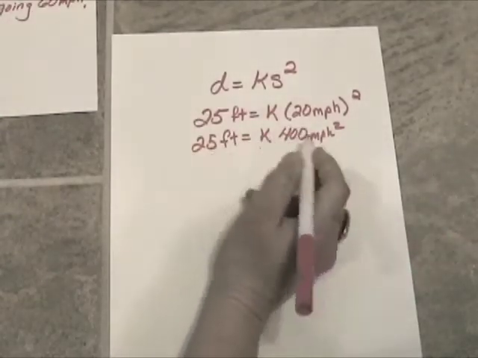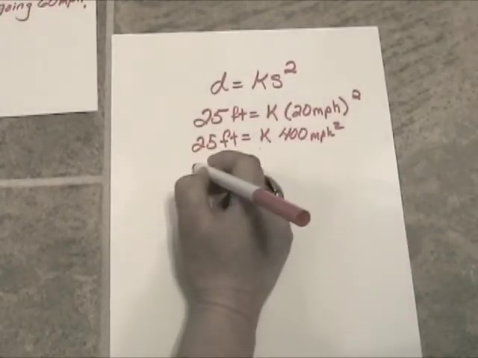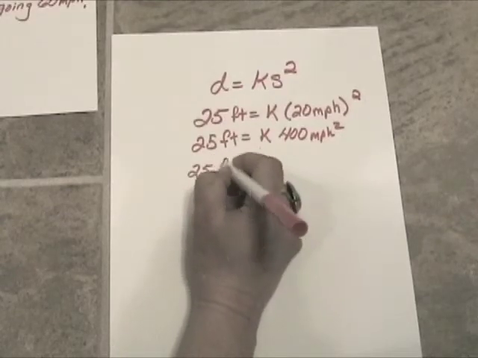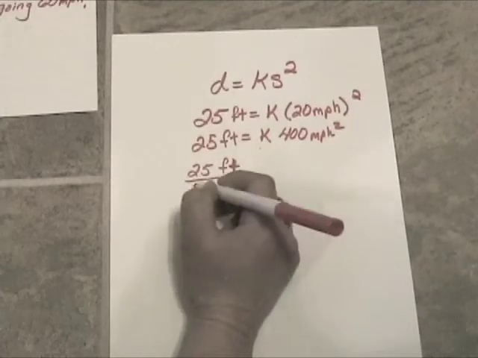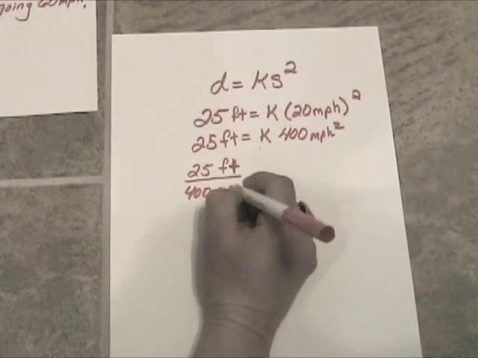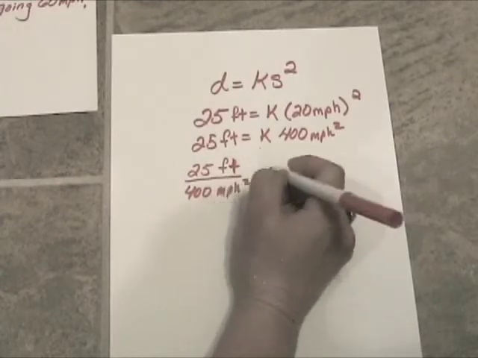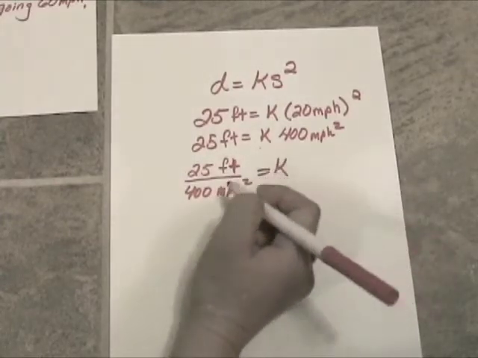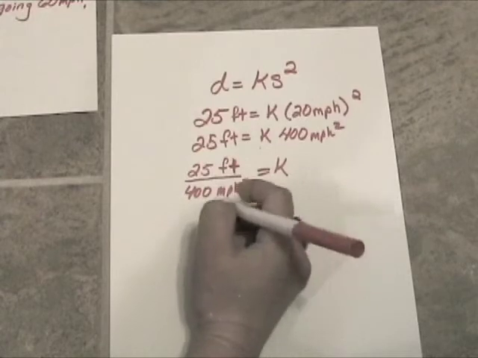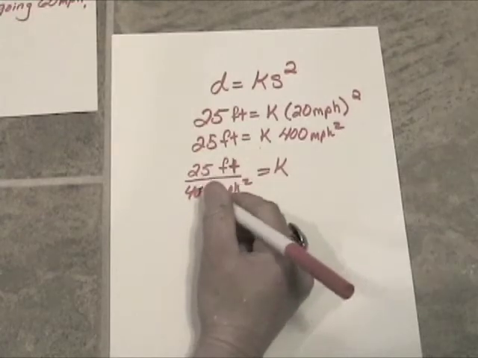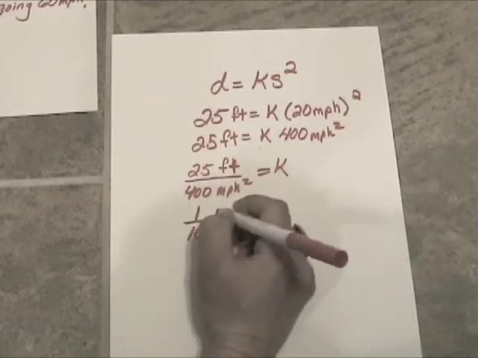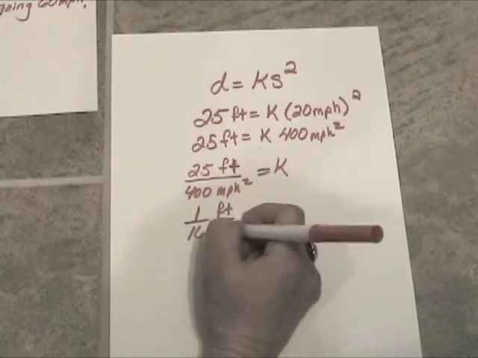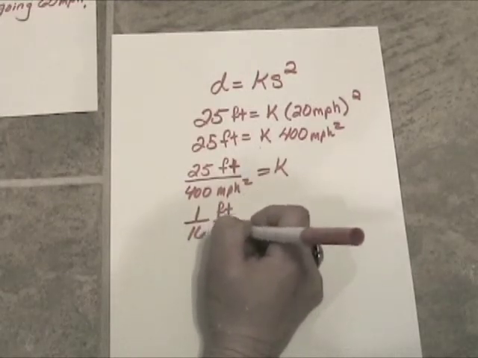So, doing that division, we're going to get 25 feet divided by 400 miles per hour squared, and that's going to be equal to K. Now this will reduce to, there's 4 25s in 100, so this will reduce to 1/16, and the units are feet over miles per hour squared.